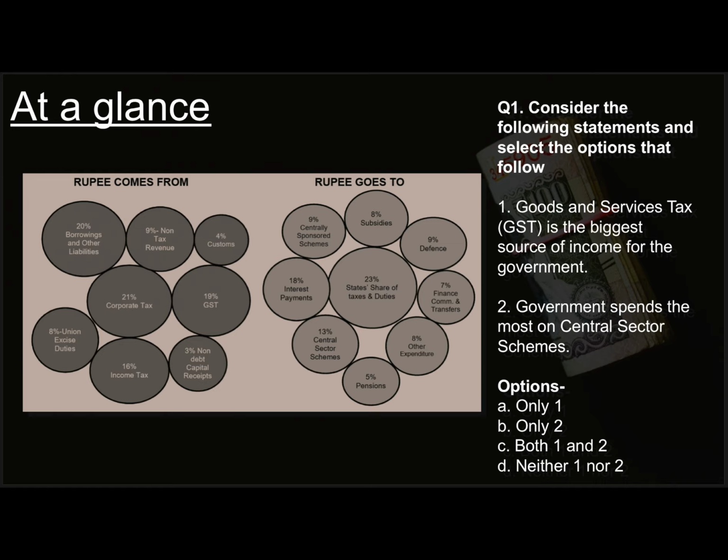As we can see from the diagram, both the statements are incorrect. GST is not the biggest source of income for the government. The biggest source is corporate tax. Also, a very interesting point here is that corporate tax gives more income to the government than all the personal income tax collection. So the correct answer for this MCQ will be option D, neither 1 nor 2.